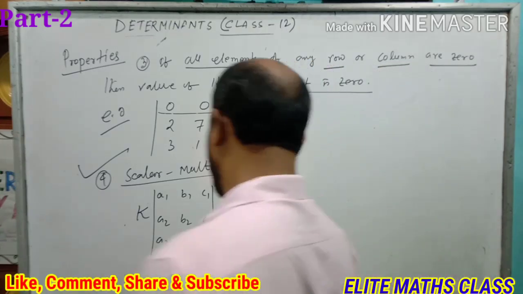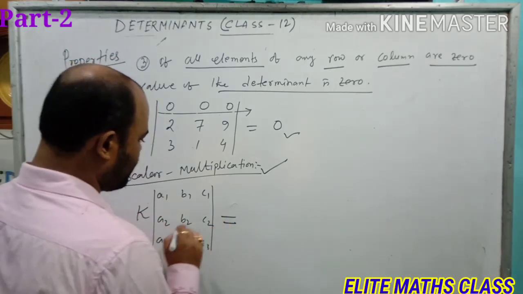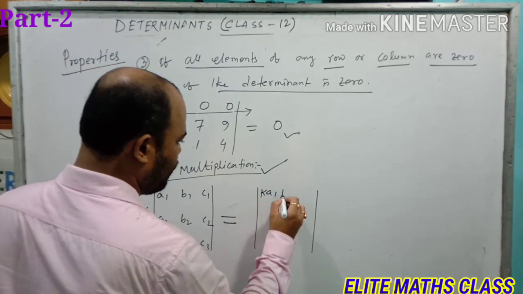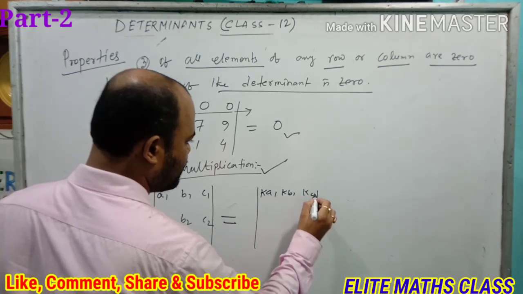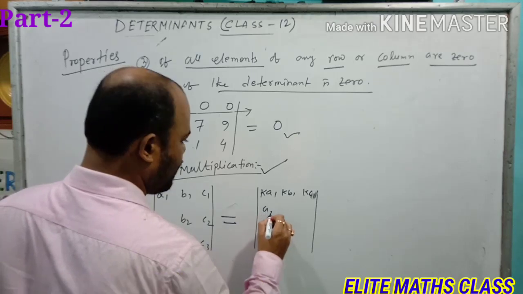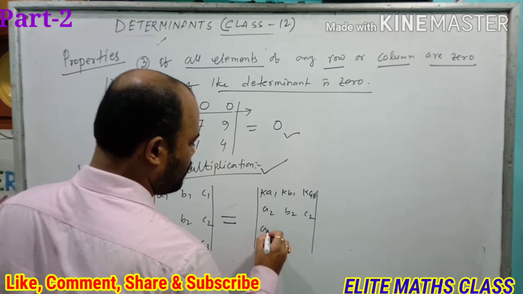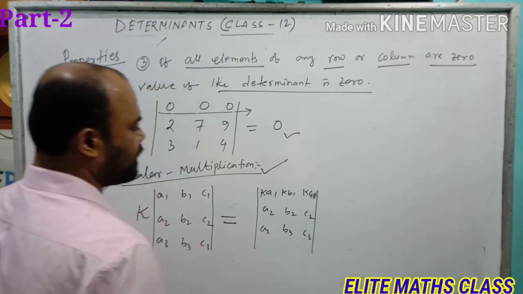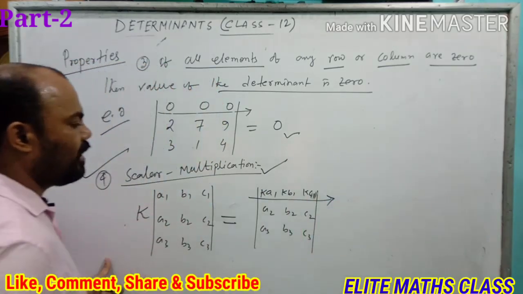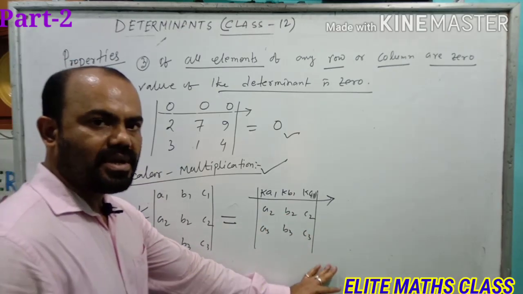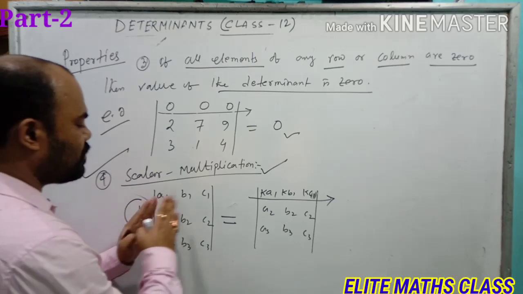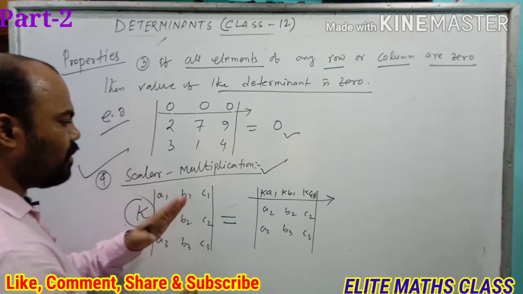See this one, whenever k is multiplied to this, you may write kA1, kB1, kC1, A2, B2, C2, A3, B3, C3. Here k is multiplied through R1 only, all the remaining elements are unchanged. That is, you have to multiply this scalar quantity to all the elements of either a row or a column.